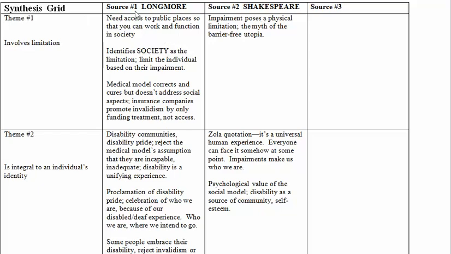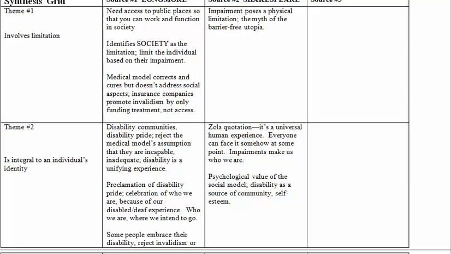This synthesis grid has been partly filled out, and it includes themes that are related to my definition of disability. So let's say I have come up with a definition of disability that is something like: disability involves some sort of limitation. It is integral to a person's identity.